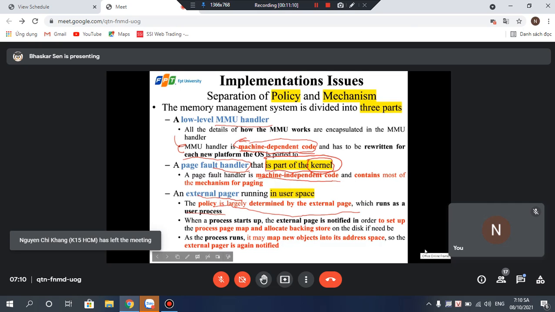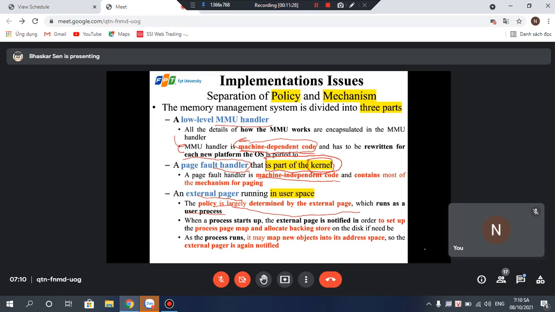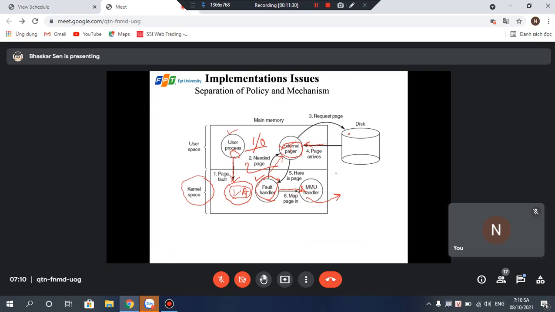What we mean by separation of policy and mechanism and how that thing becomes important in this context. That indeed becomes an important issue because, as we'll see, it all comes down to how it is handled. Okay. How the things were handled.